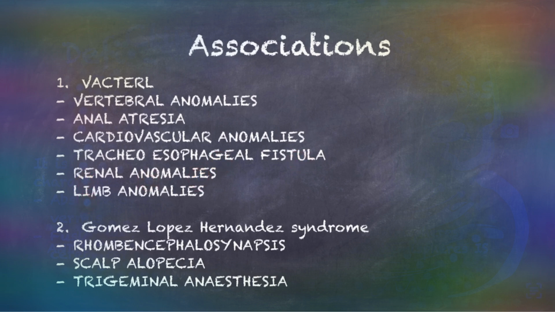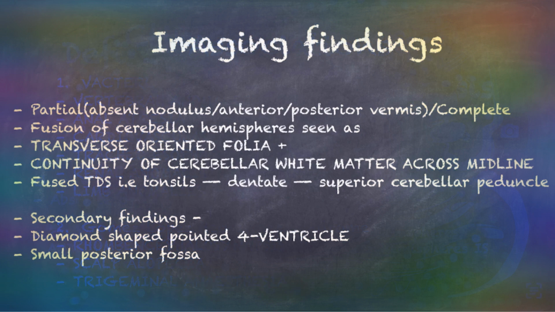T stands for tracheoesophageal fistula, R for renal anomalies, and L for limb anomalies. And the second association, GLH syndrome. Remember R, S and T. R for rhombencephalosynapsis, S for scalp alopecia, and T for trigeminal anesthesia.